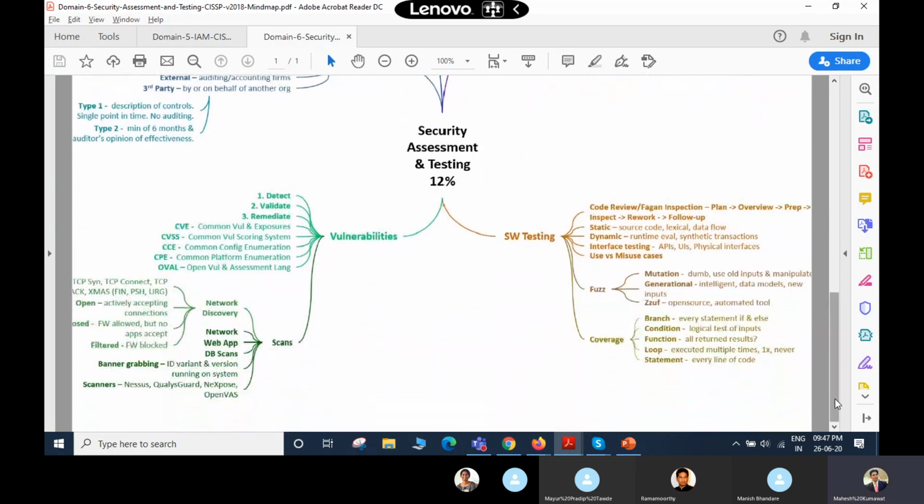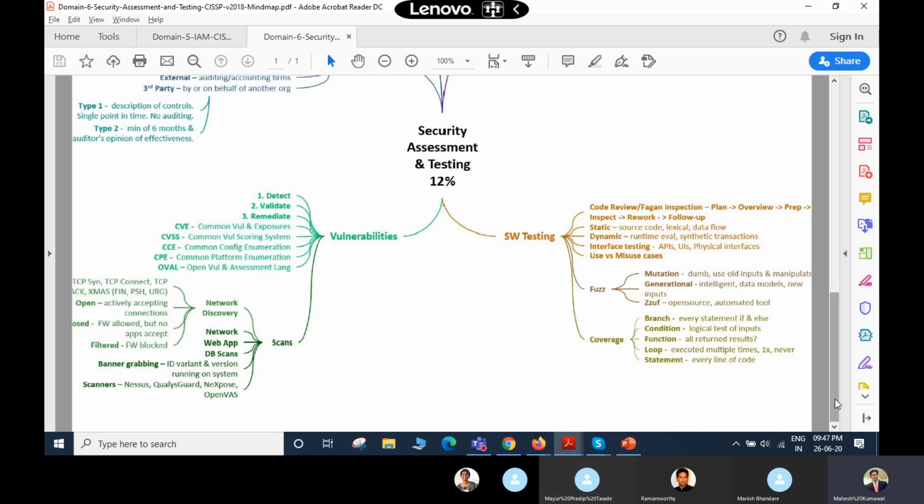Okay, then we have another topic right now, which is software testing. Most of the guys are not part of software, like coding in Python, Java, C Sharp. But you are a security professional, and sometimes you need to work on the same.